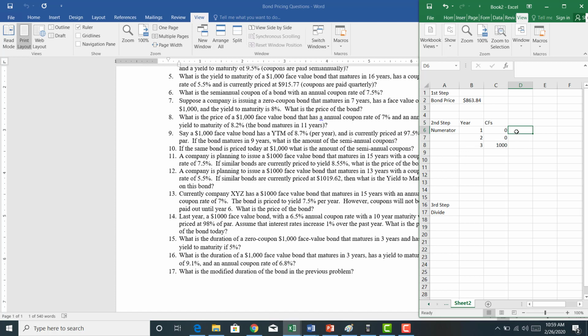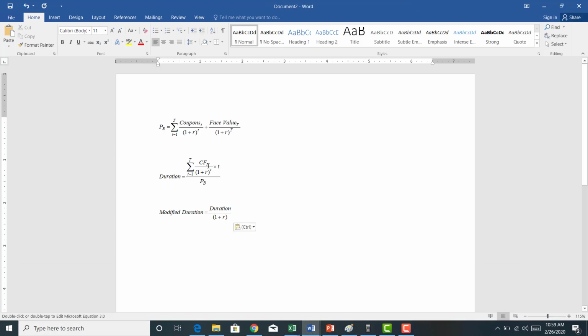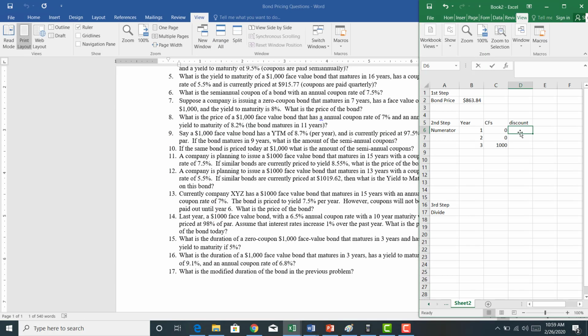Read the problem there. Now I'm going to get my discount factor, because I have to find the present value of each of these cash flows. I'm going to take the present value of each of the cash flows, multiply it by the time to maturity, and then sum up the product of the present value of the cash flows and the time to maturity. So let's do this. It's going to be equal to 1.05, that's the yield to maturity, 1 plus r raised to the power of 1.